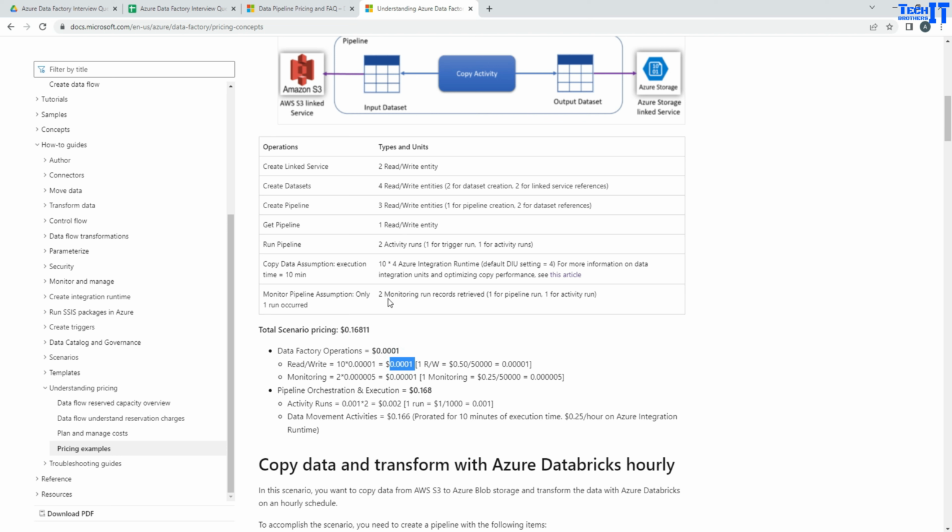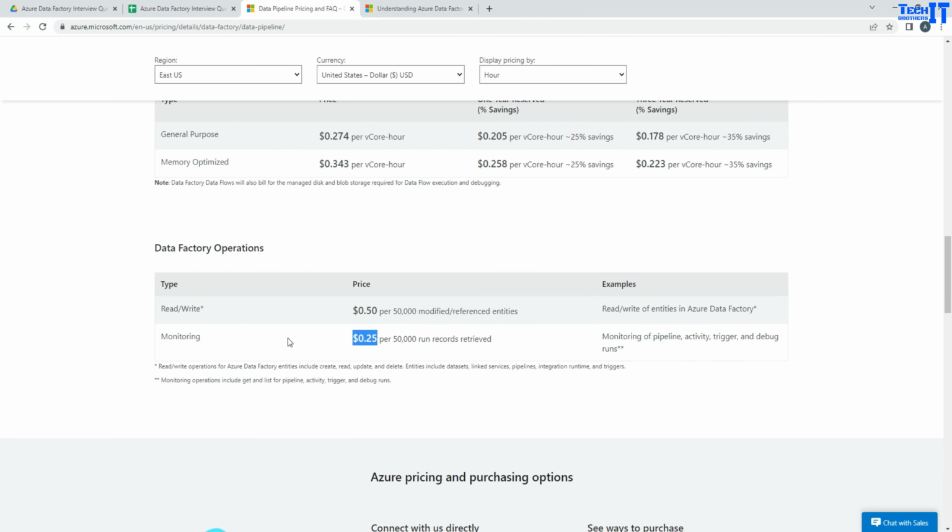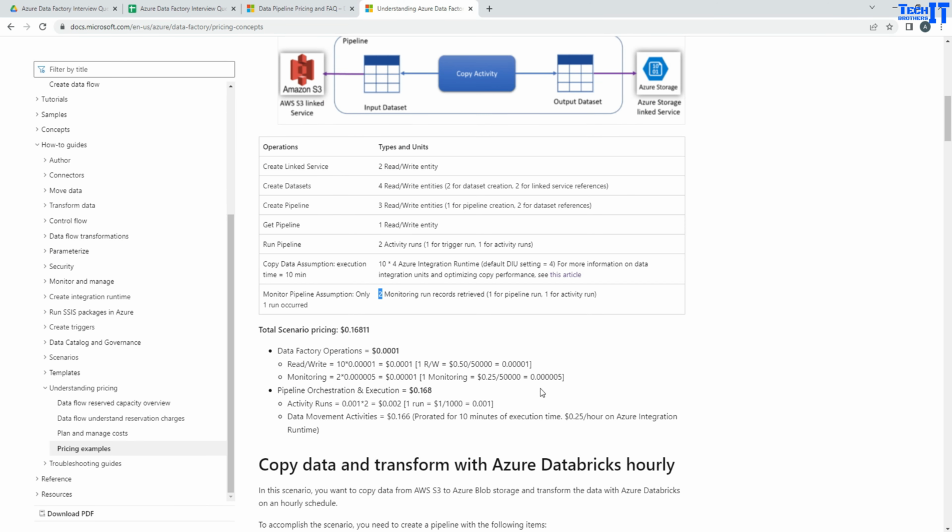Now for monitoring, there are 2 units right there, and if you guys remember, let me take you back. This is the price, so 0.25 divided by 50,000, that's going to give you the value for 1. So see right there, yep, 0.25 divided by 50,000. So this is the price you're going to pay for that monitoring.